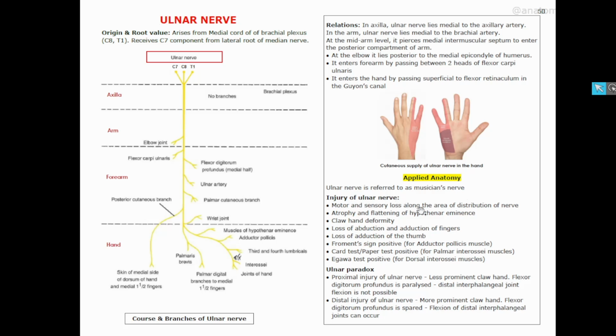Then injury to the ulnar nerve will cause atrophy and flattening of the hypothenar eminence, claw hand deformity, loss of abduction and adduction of the fingers. Then Froment sign, card test, Igawa test, all these will be positive. And then we learnt about the ulnar paradox, how proximal injury produces less prominent claw hand and distal injury produces a more prominent claw hand.